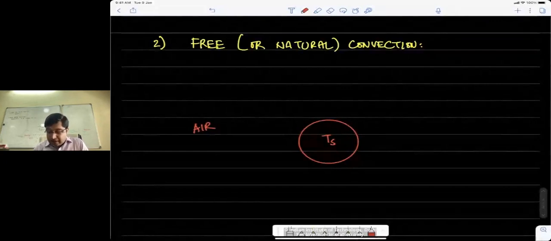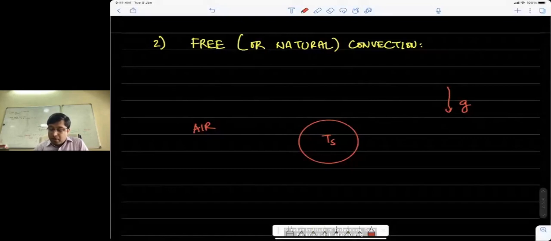Density decreases, and if I say, let's say, gravity is pointing downwards, so we need to be very specific about this, because that is what is going to induce this motion. So if density decreases, the air with lower density will rise up, and cooler air will displace it, taking away that displaced volume.